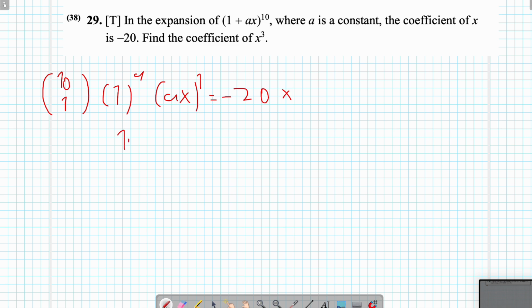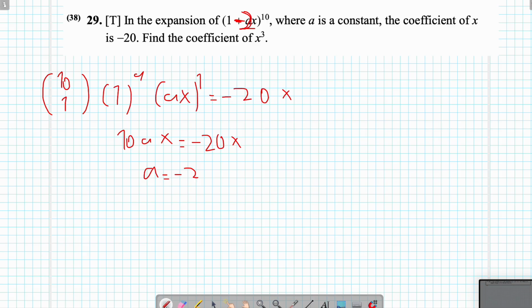So 10ax is equal to -20x. You get a is equal to -2.